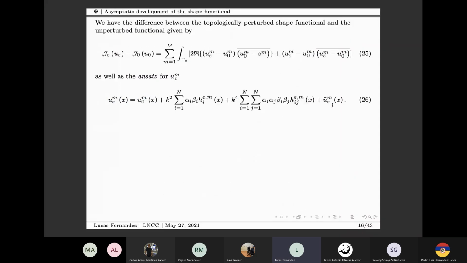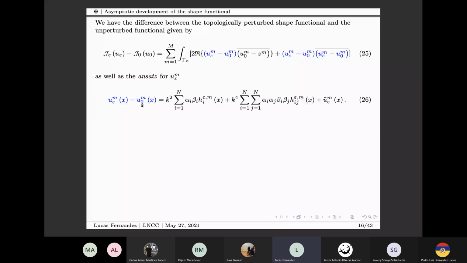Now we know all the elements present in the asymptotic expansion of the scalar field U epsilon, given by 26. And we also have the difference between the functionals given by 25. So then I subtract U0 from both sides of equation 26.